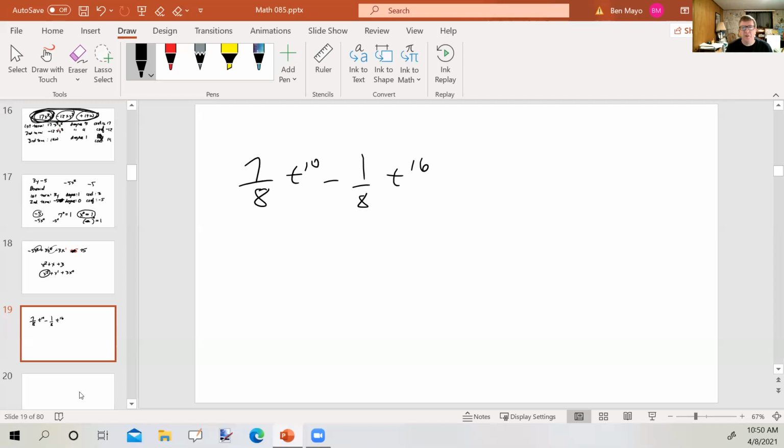How many wheels on a bicycle? 2. So it's a binomial. Correct. What's the degree of the first term? It is 10. What's the degree of the second term? 16. What's the degree of the entire binomial? 16. There you go.